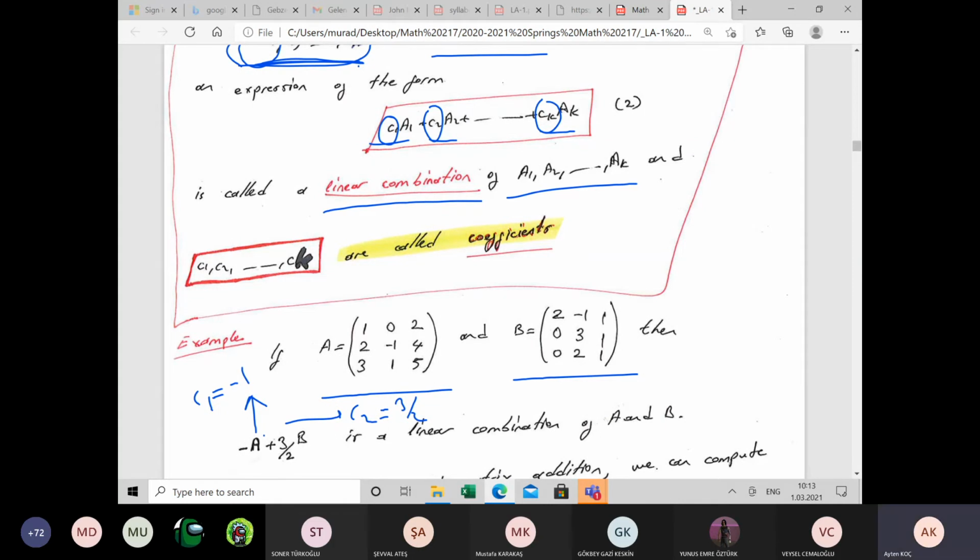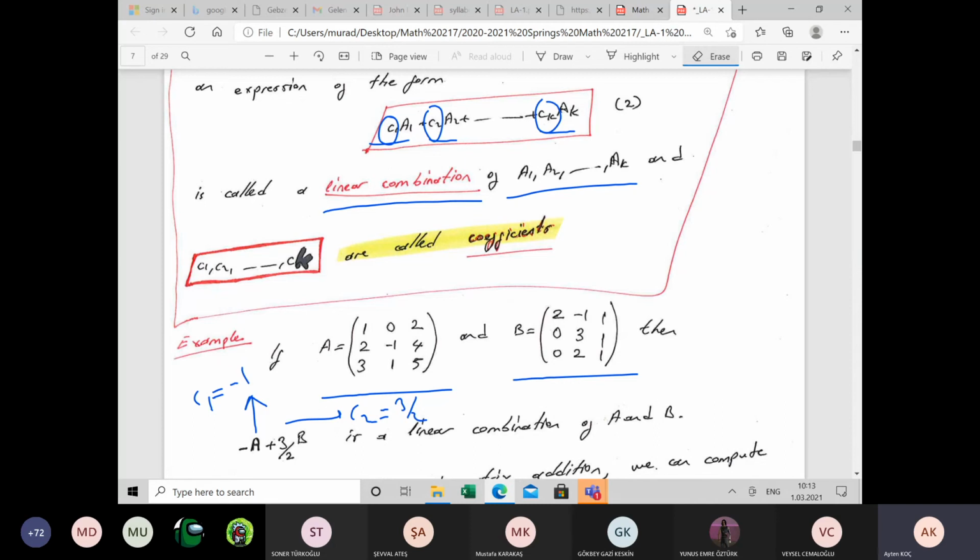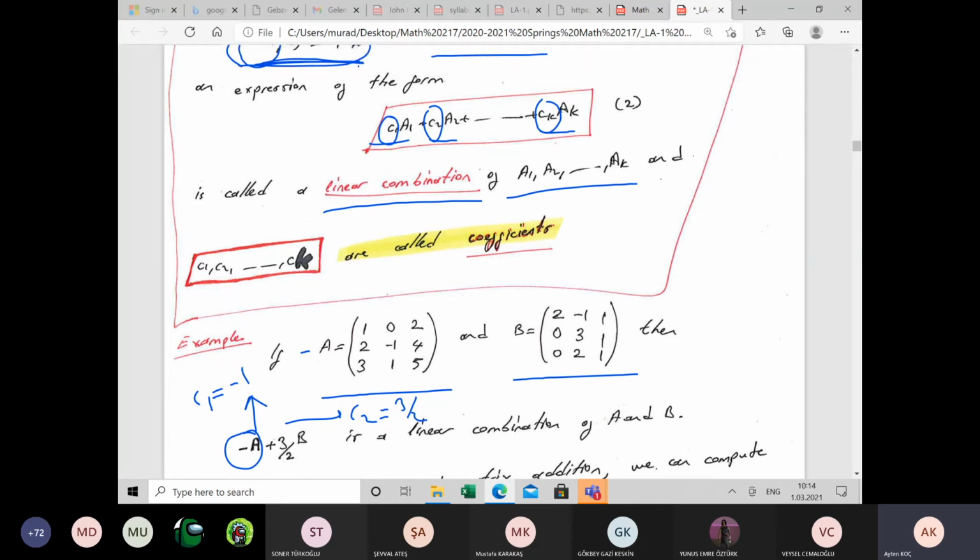It is easy to compute this one, -1 times A. So -1 multiplied by A means multiply all entries by -1. -1, 0, -2, -2, plus.